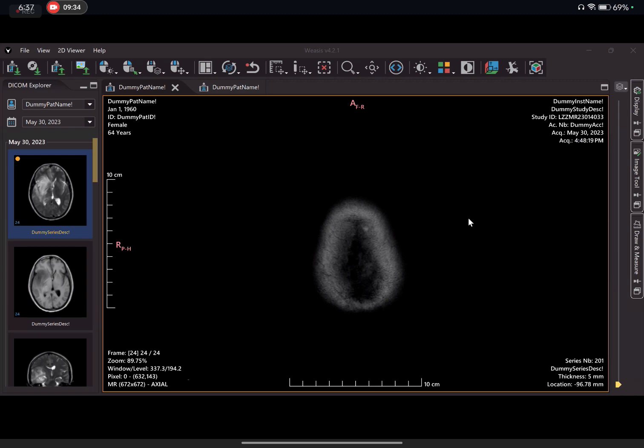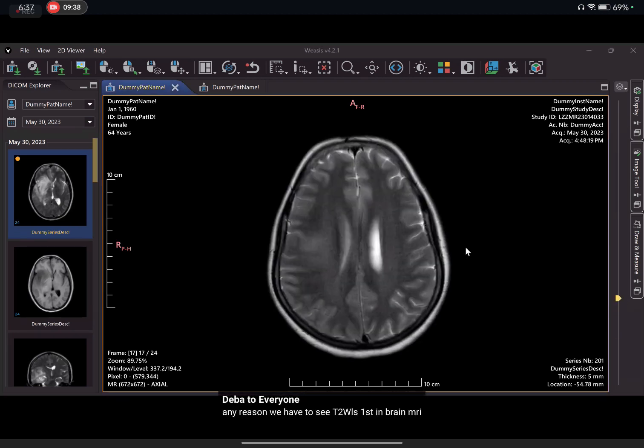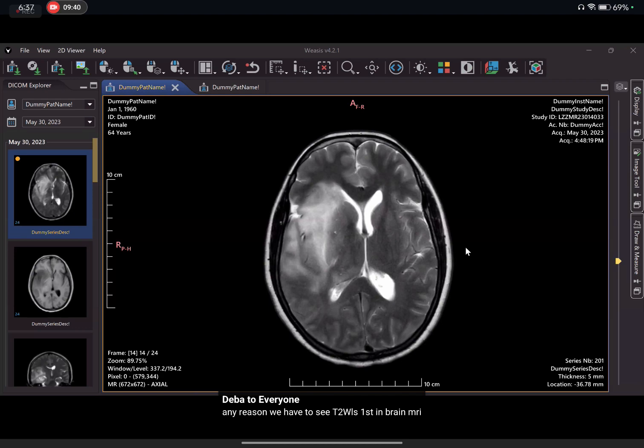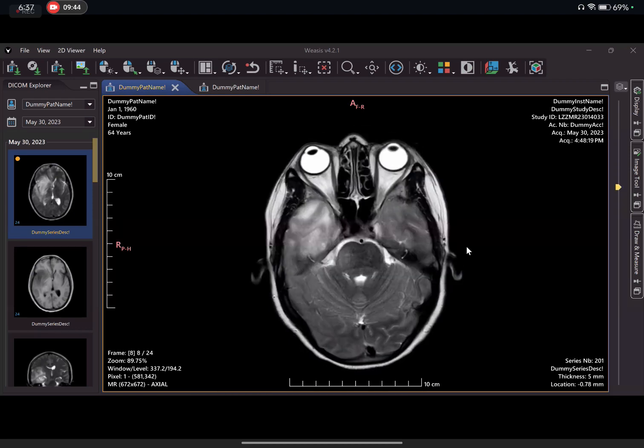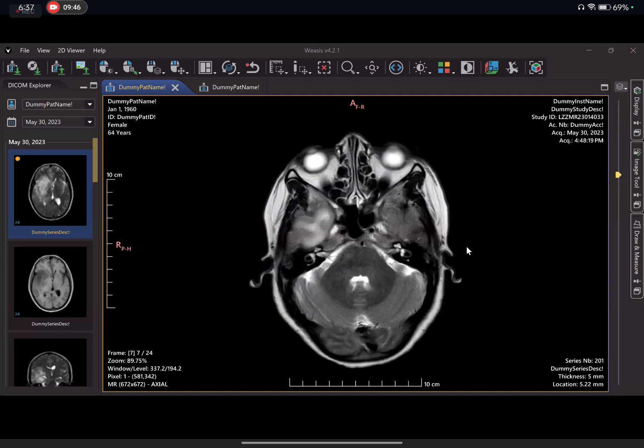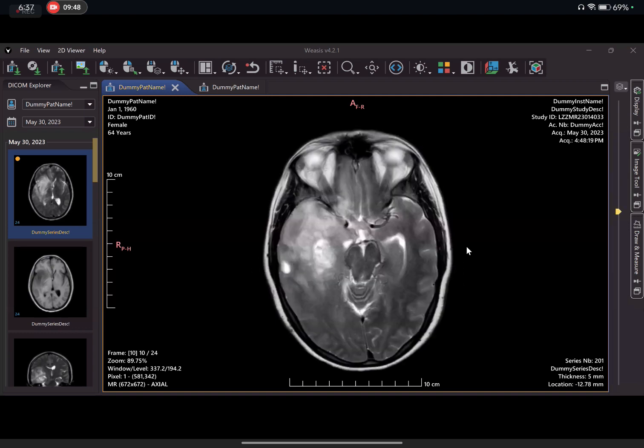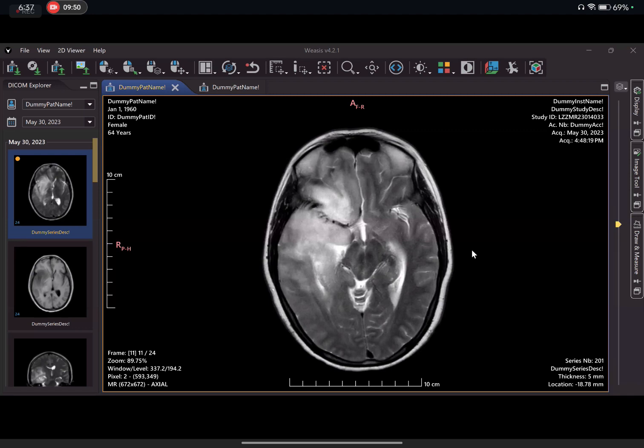So what is this sequence and what are you exactly seeing? You have to describe. Okay, ma'am. In this sequence, we are seeing the T2 axial section, ma'am, and in this we can see an ill-defined hyperintense area involving the frontoparietal and temporal region, right side.